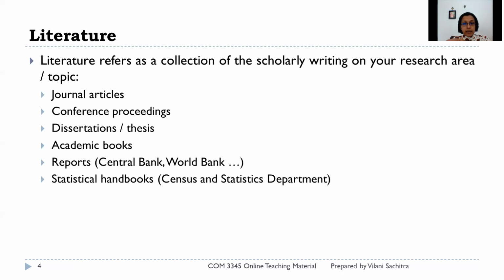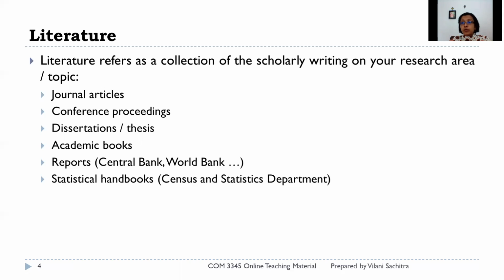So it indicates journal articles, conference proceedings, thesis, dissertations. I already showed you those things, and academic books. Then reports, Central Bank, World Bank, IMF reports or Export Development Board reports, etc. And statistical handbooks like the Census and Statistics Department, as well as the Central Bank, also publish some handbooks, like the monthly survey reports.